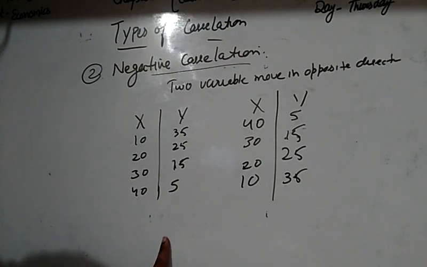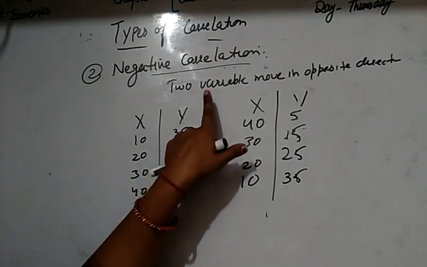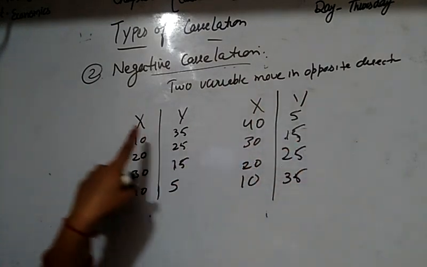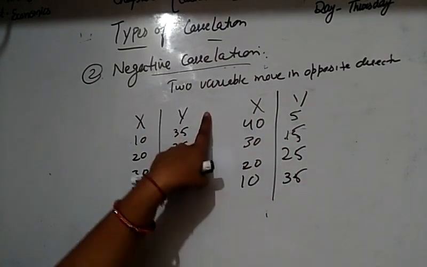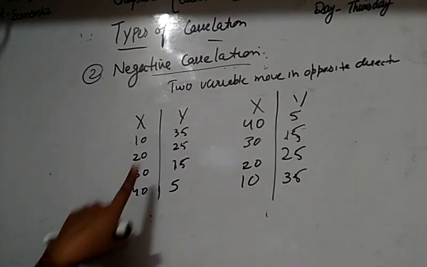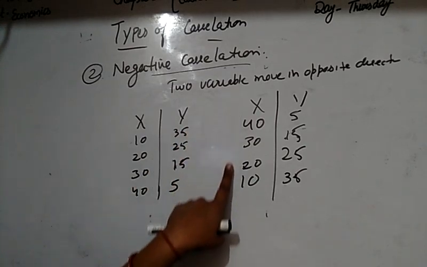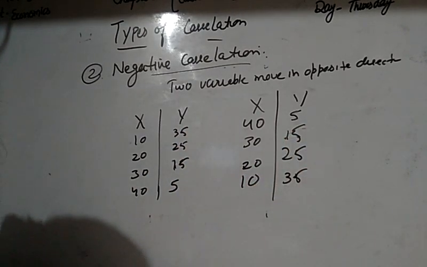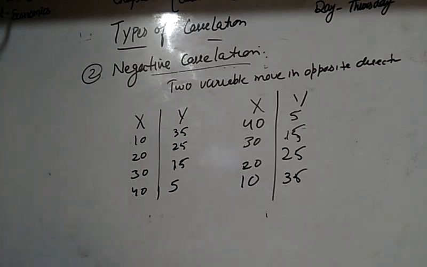So this shows negative correlation when two or more variables move in opposite directions. When x is increased, y decreases. When x is decreased, the y variable is increased. So this shows negative correlation.